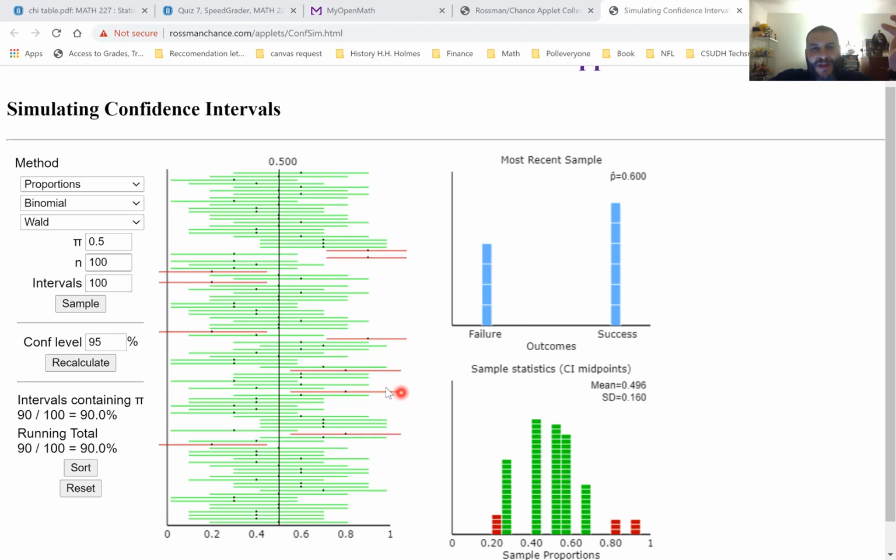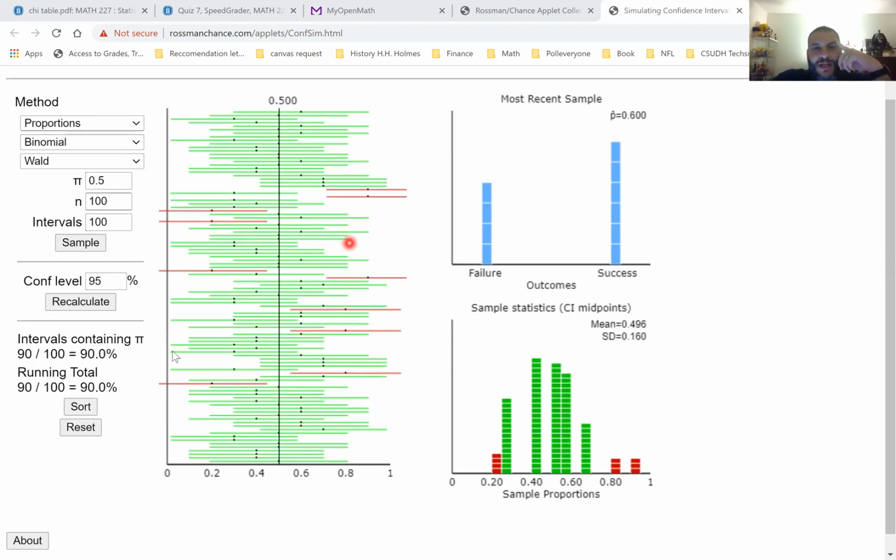Probably the one with 100. So what do you think is going to happen with these intervals? If they become more accurate, would that be if they get wider or if they get narrower? Yeah, they're more accurate when narrower.